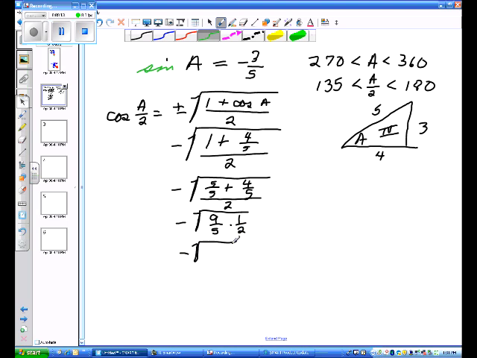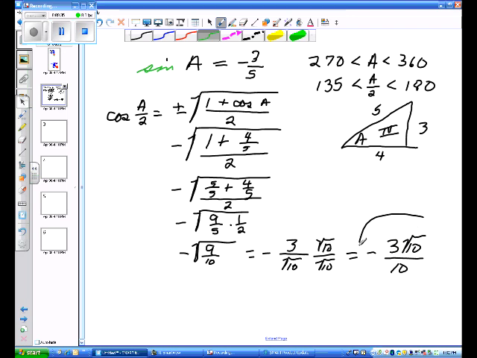So we have the square root of 9/10. Well, we know the square root of 9. That's 3 over the square root of 10. And then we'll rationalize by multiplying both the numerator and denominator by the square root of 10. And we get negative 3 square roots of 10 over 10. And that's what the sine of half of that angle would be.